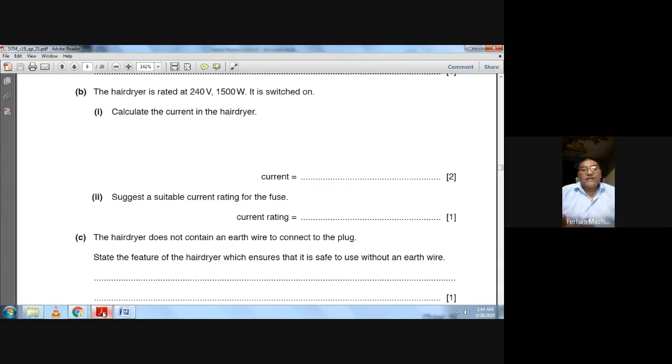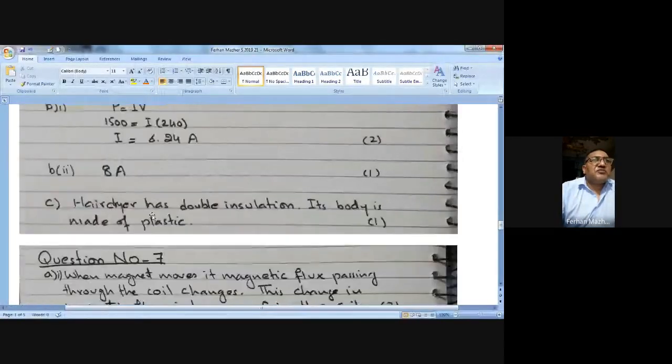It could be 7 ampere, 8 ampere, 9 ampere, 10 ampere, 11 ampere. It should be more than 6.24 amps. So write any number. For example, I have written 8 amps. It's no problem. More than 6.24 amps. Write any number.